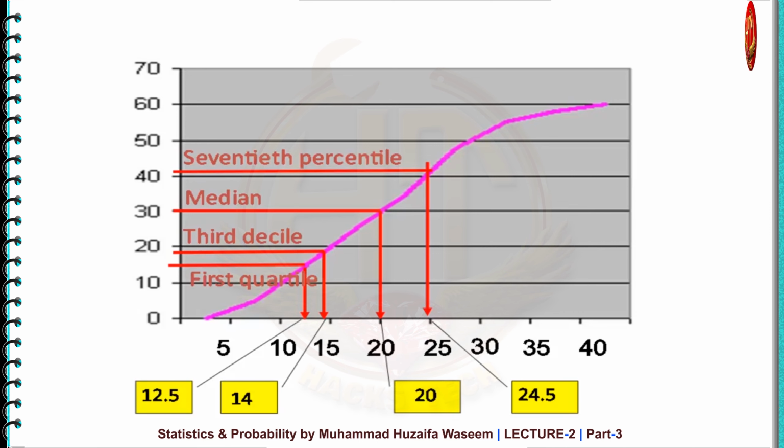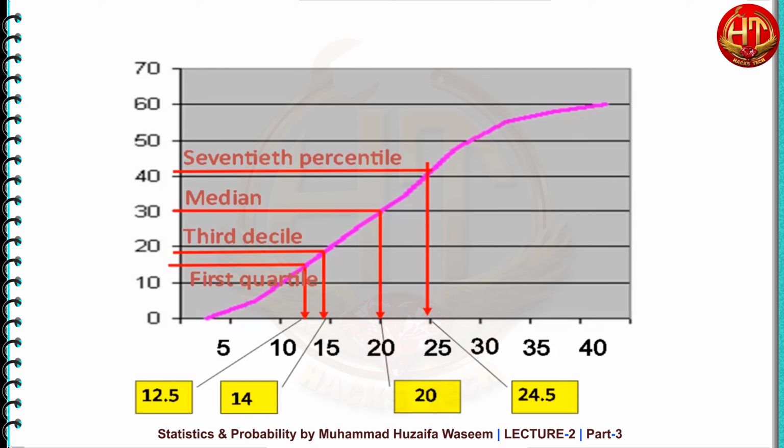Okay, the curve obtained by joining the points by means of freehand is called the less than CAH curve. Okay, now highlight the points. For the first part, mark the group highlighter on the y-axis. For the median, 30 is the group highlighter.